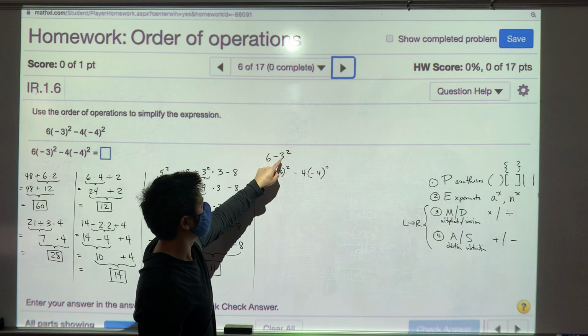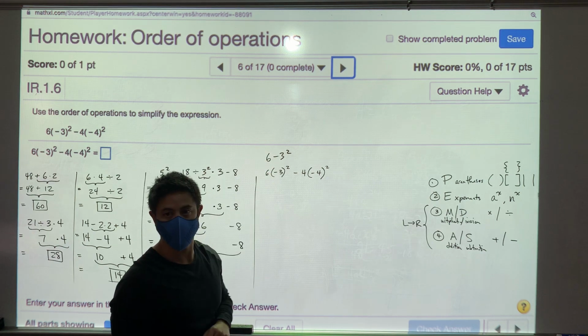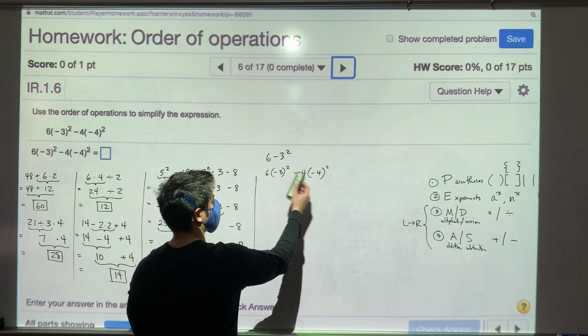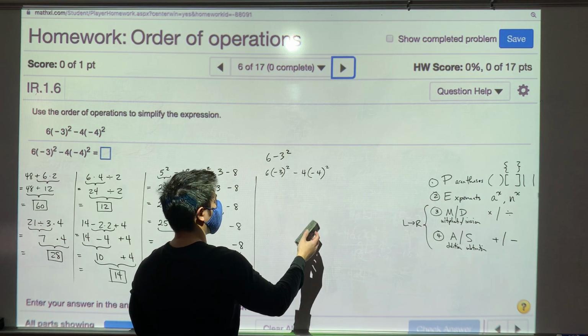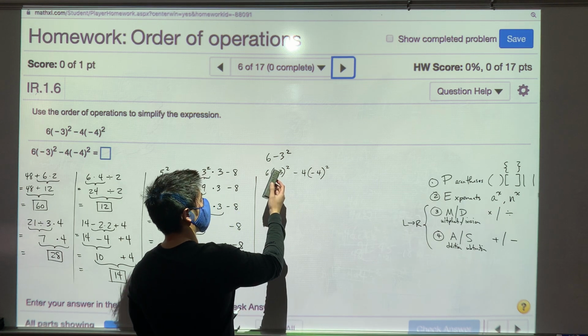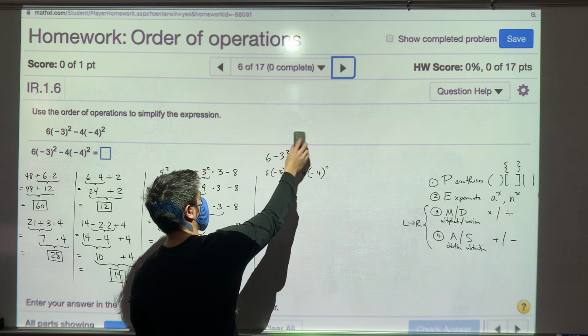This is saying take 3, square it, and subtract the result from 6. Very different. So the function of these parentheses is to communicate to you, the problem solver, that they want you to square just the negative 3 and then do multiplication.